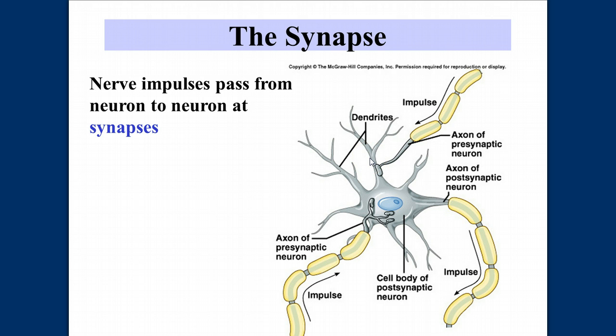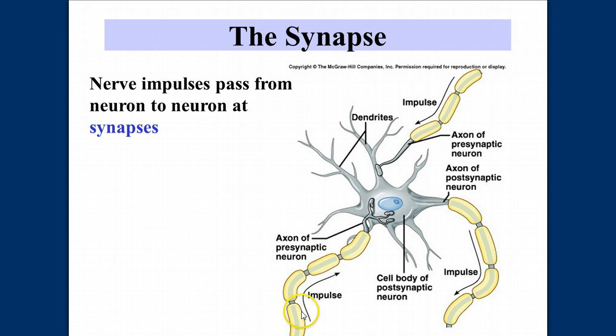So it occurs between the axon of one neuron and the dendrite of the next, and that is called an axodendritic synapse. A second type would be where the synaptic knob is attached to the soma or cell body, and that is called an axosomatic synapse, this area here.